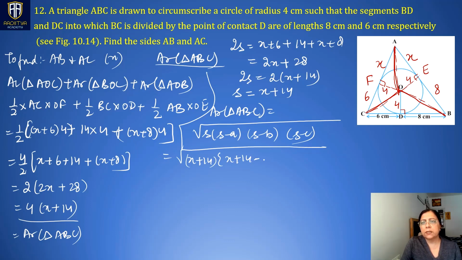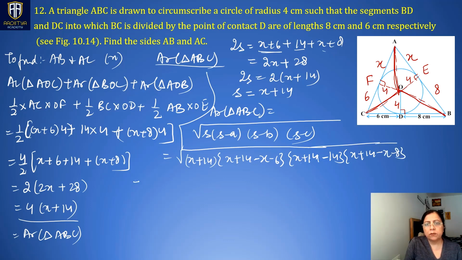The first side is x plus 6. Since we are subtracting, the signs of both the values get reversed: minus x minus 6. In multiplication we have s minus b. S is x plus 14 minus b. B is 14. Then x plus 14 minus c. This is minus x minus 8.